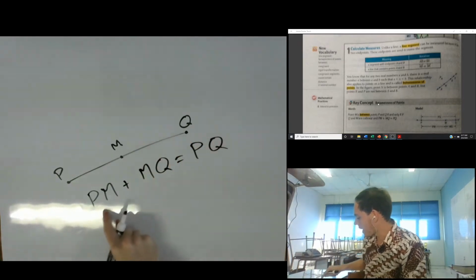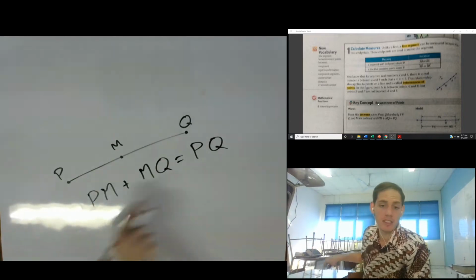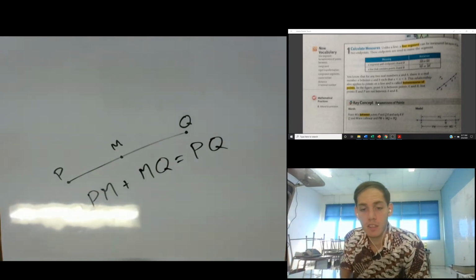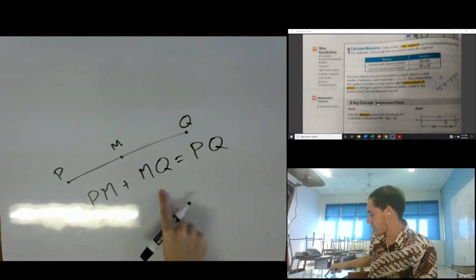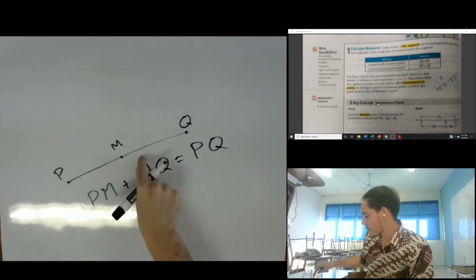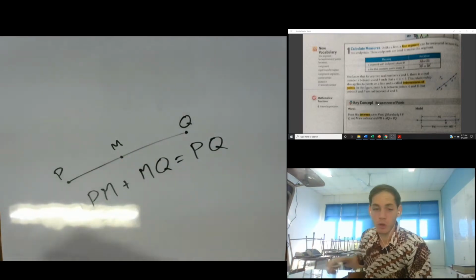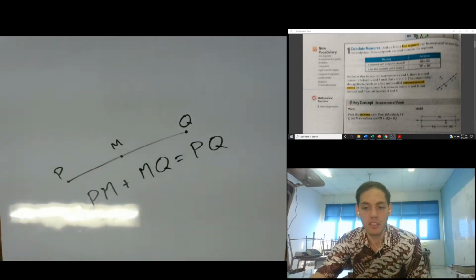That is, if you add up the lengths, they must equal the total length. So this is another way of saying that these two segments need to add up to be equal to the total, otherwise that's not a true statement, okay?